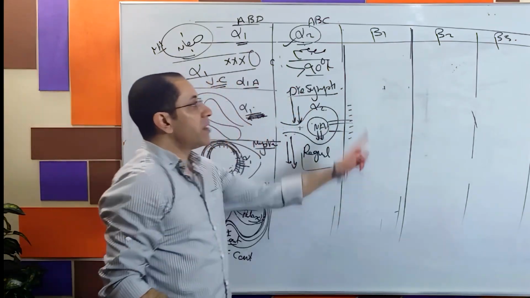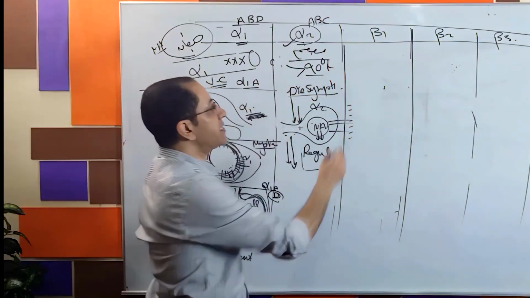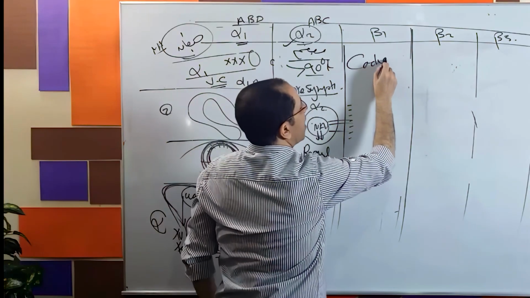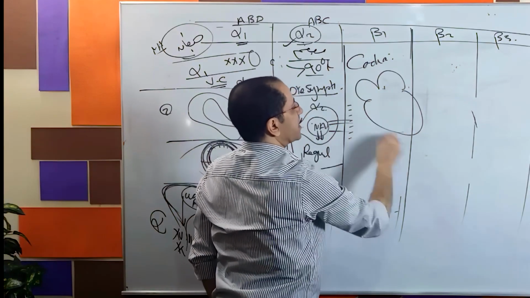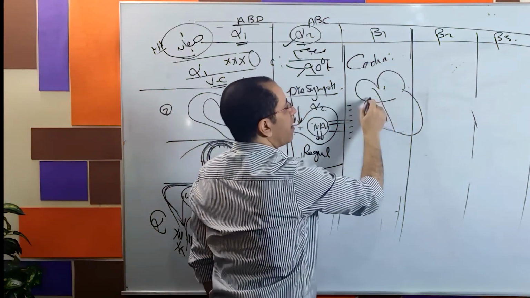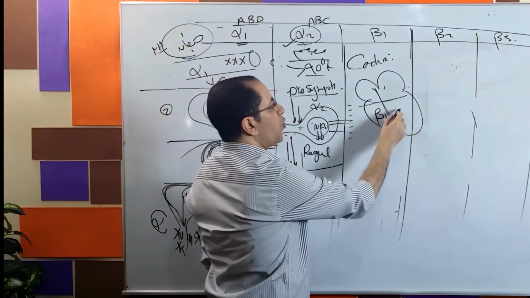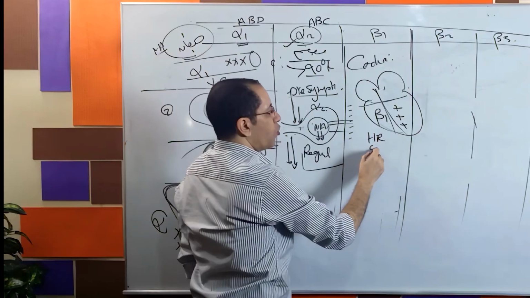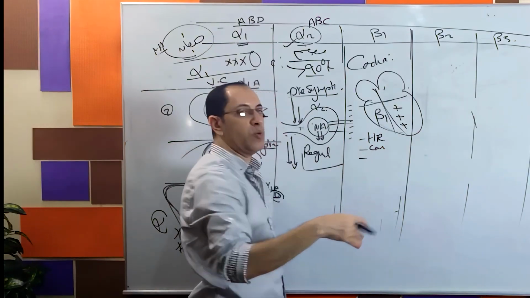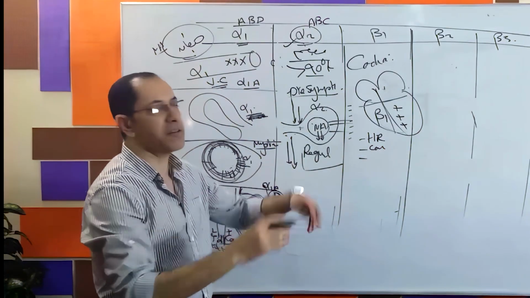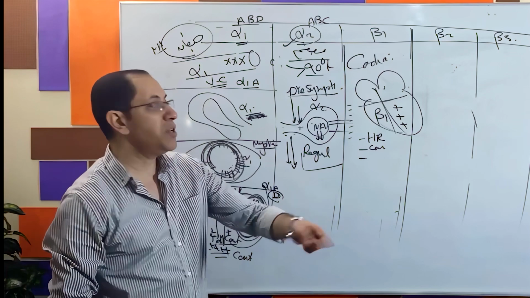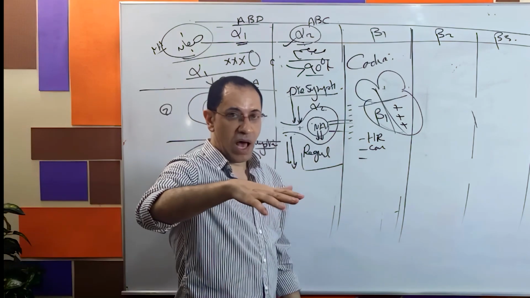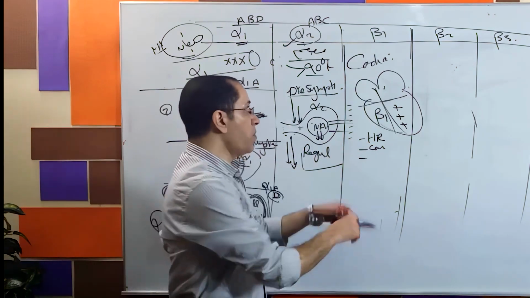Beta-1 is the commander of the heart, so it's called cardiac beta-1. Its most well-known place is the heart, and its activation leads to an increase in all of the cardiac properties. Count with me, from heart rate to automaticity, rhythmicity, contractility, and so on. It increases all of the cardiac properties, and when you have a patient complaining of arrhythmia or tachycardia, this beta-1 could be responsible for this.